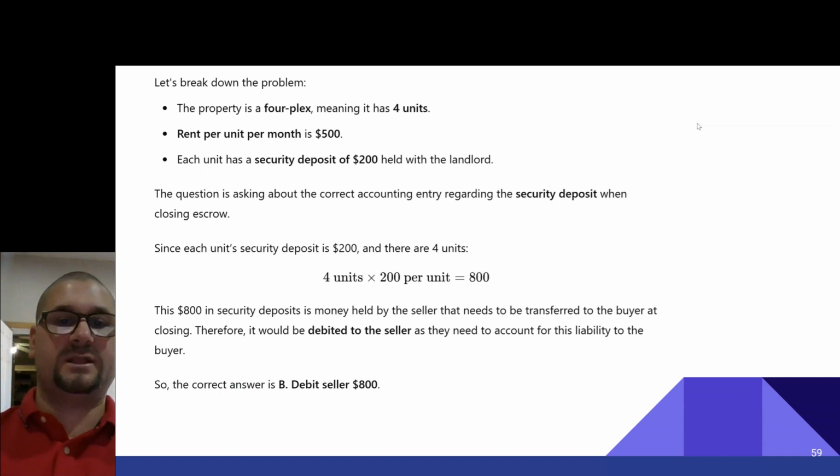Therefore, it would be debited to the seller, right? Because the seller needs to give that money, which is going to be the tenant's money after they move out, if everything's okay. But they debit the seller the $800 for the security deposit, as they need to account for the liability to the buyer. So at close of escrow, debit the seller $800 for the security deposit.